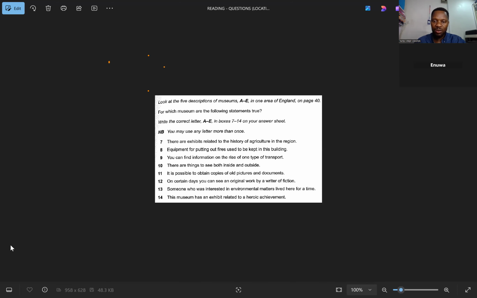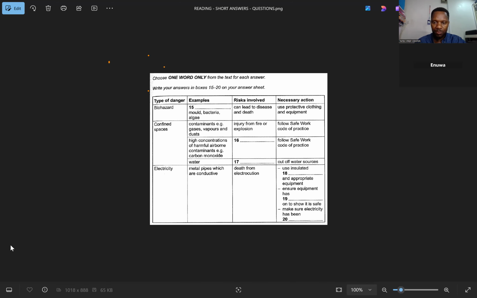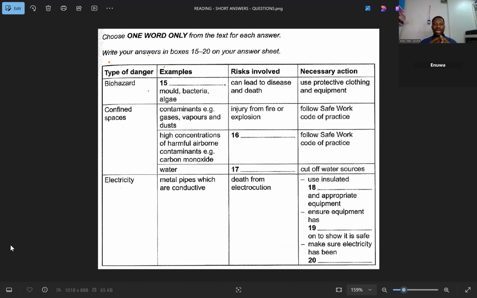Please, I hope we are following. Yes, sir. Now, still under confined spaces, we are to get our answer to question 17. And you are looking at the example that has to do with water and the risk involved underwater.